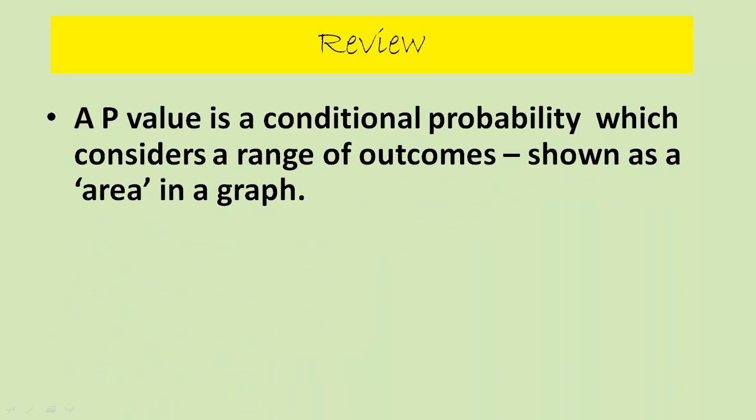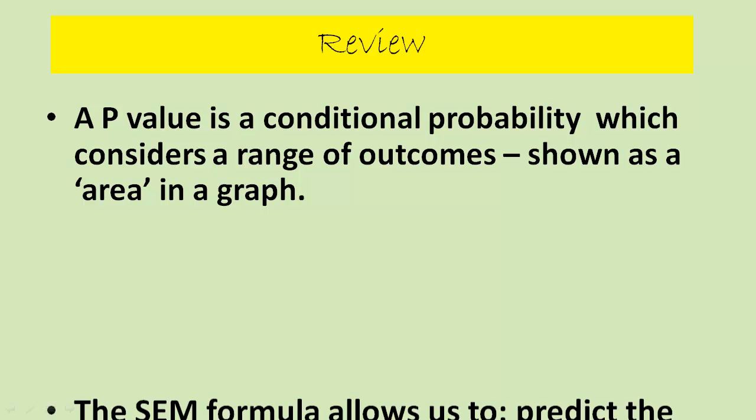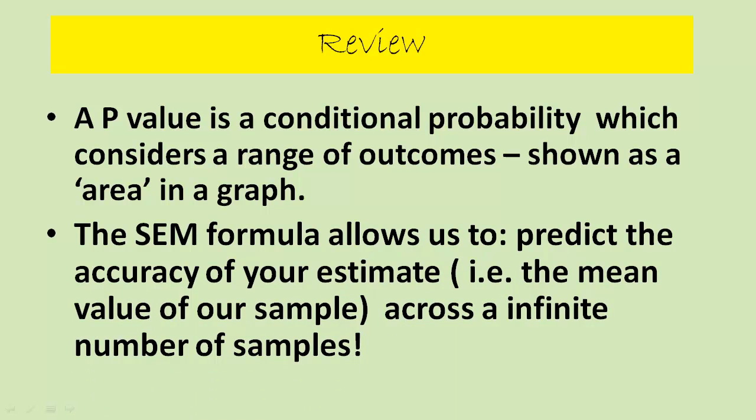Let's do a 10-second review of where we're up to. In the first session we looked at the probability aspects of the p-value, that is, a p-value is a conditional probability which considers a range of outcomes. It's often depicted as an area in a graph of its own distribution, if you remember. In the second section we looked at the variability of the estimated mean across samples and discovered that the standard error of the mean, that is the SEM for short, is simply the standard deviation at the cross-sample level.